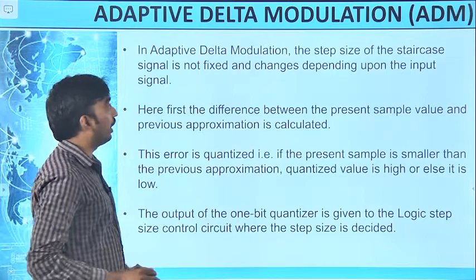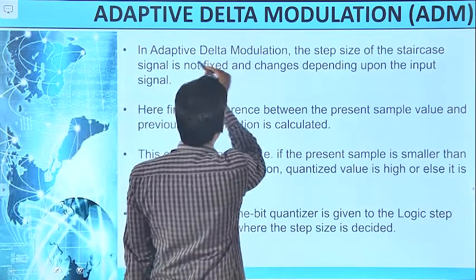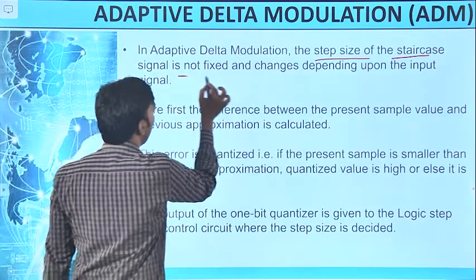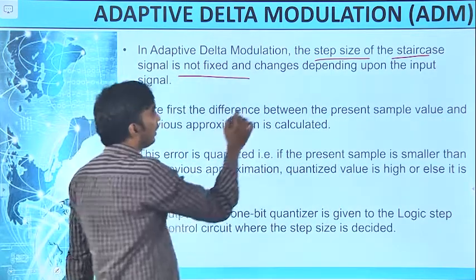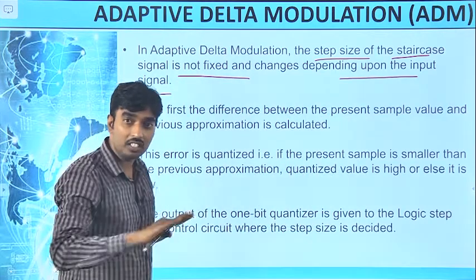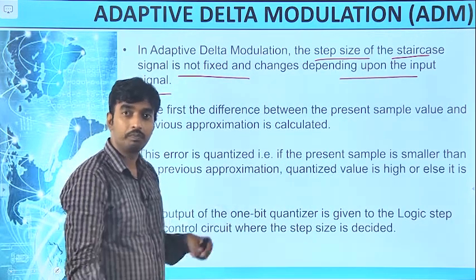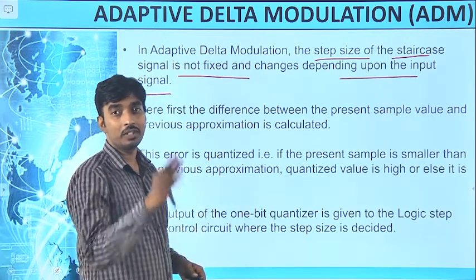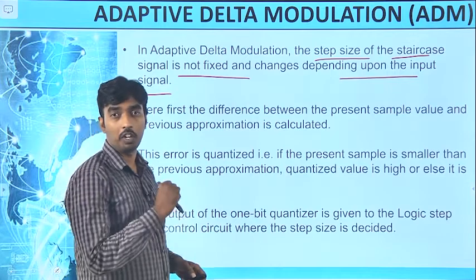Now again we will recall, in adaptive delta modulation, the step size of the staircase is not fixed and changes depending upon the input signal. If the input signal is constant, the step size is reduced. If the input signal slope is high, the step size is more, based on the formula, right?